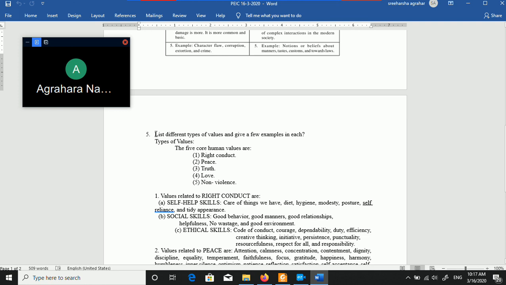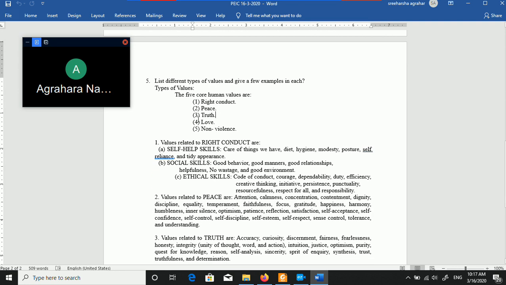Now the fifth question, here it is asking to list different types of values and give a few examples. So here you need to list 5 fundamental core human values. What are those 5 core human values? First one is right conduct, peace, truth, love, and non-violence.